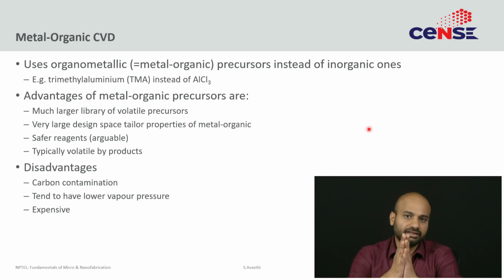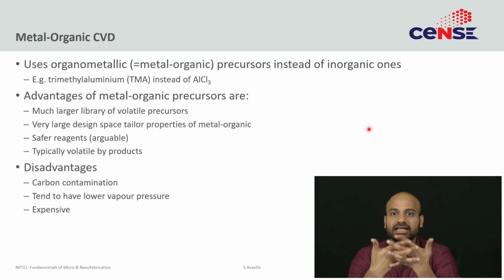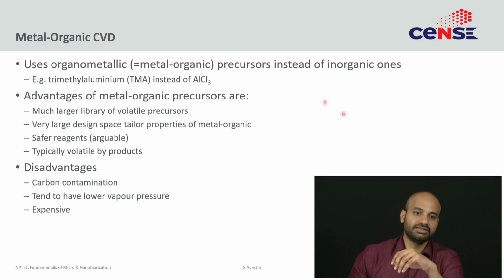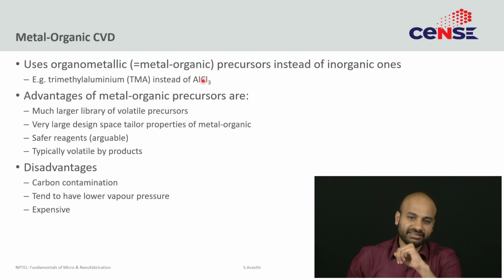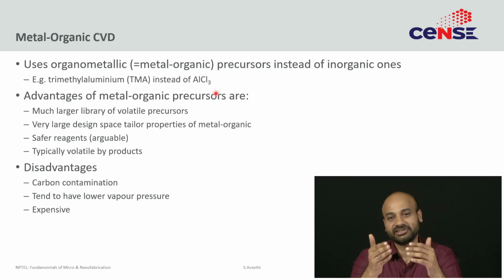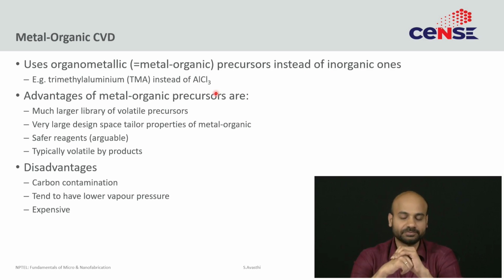For example, if you are trying to grow aluminum gallium arsenide, you might use TMA, which is tetramethyl aluminum. This is used instead of, say, aluminum chloride, which tends to have very low vapor pressure or is a little hard to deal with. Okay, so in fact, in this case, maybe I misspoke in the sense that the reason for using TMA over AlCl3 is not safety, but vapor pressure.